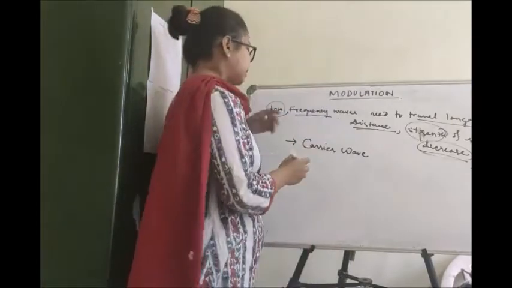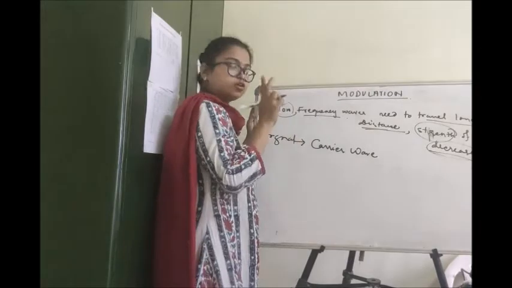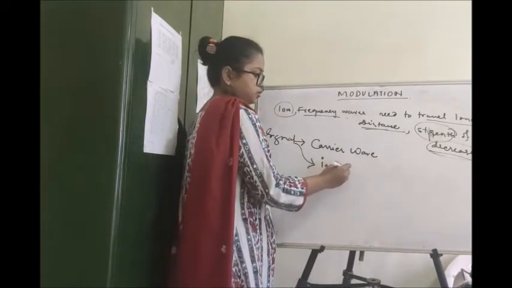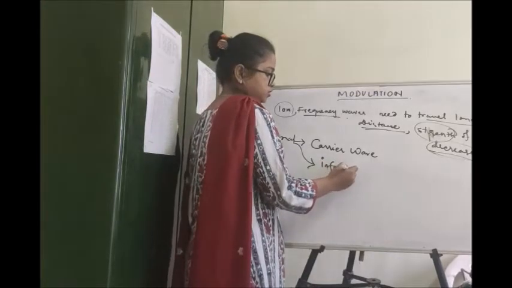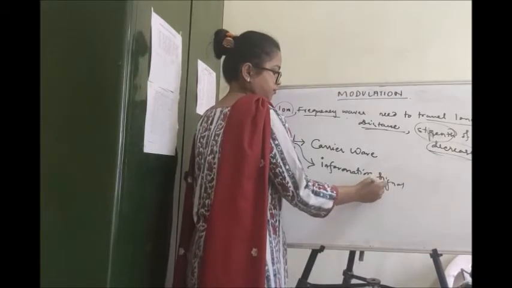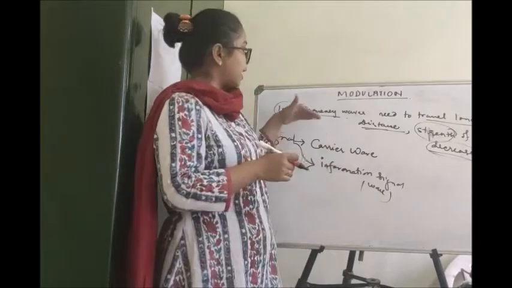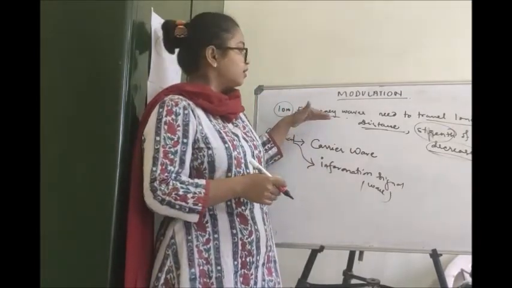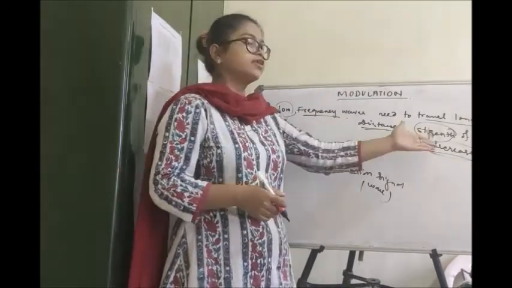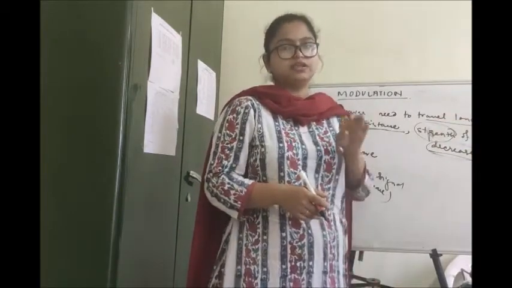Okay. So a signal consists of two components. One is the carrier wave, another one is the information signal, or information wave. So both these waves need to be combined so that the low frequency can be normalized, so that they can travel over long distances and ultimately reach their destination.